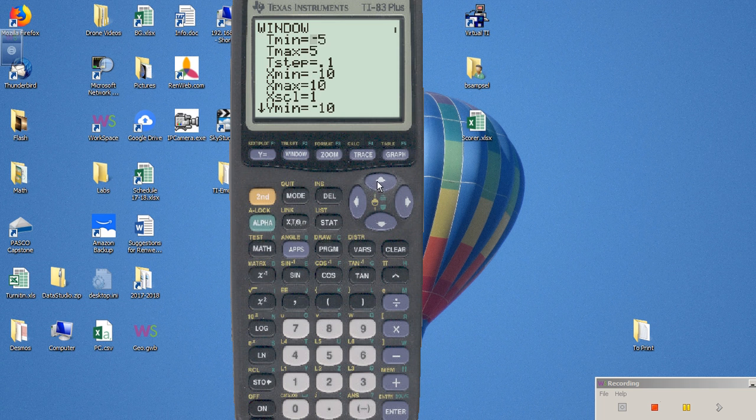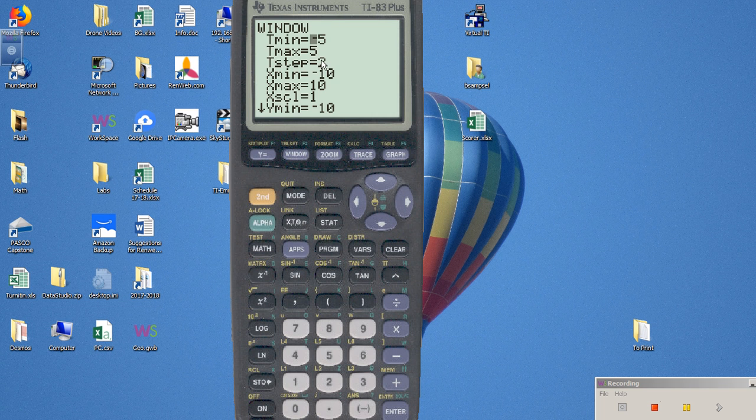Now, one thing you need to be careful of is this t step. Okay, you remember what my graph looks like here? I'm going to change my t step to something a little different, say 2. What do you notice is different? The graph is much, much faster, right? However, it doesn't have the same curve.